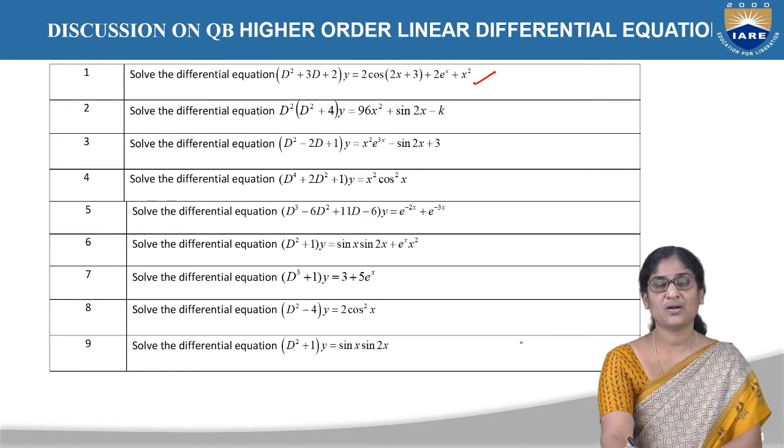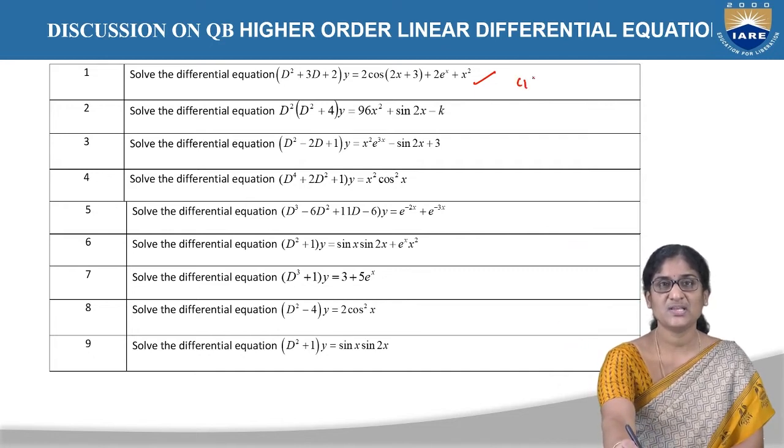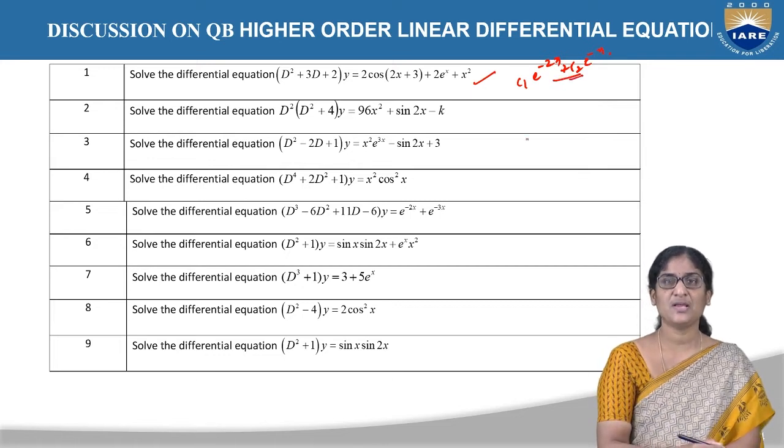The auxiliary equation is m squared plus 3m plus 2 equal to 0, or (m plus 2)(m plus 1) equal to 0, so m is minus 2, minus 1. The complementary function is c1 e to the power of minus 2x plus c2 e to the power of minus x. So we have the first part of the solution, the complementary function.